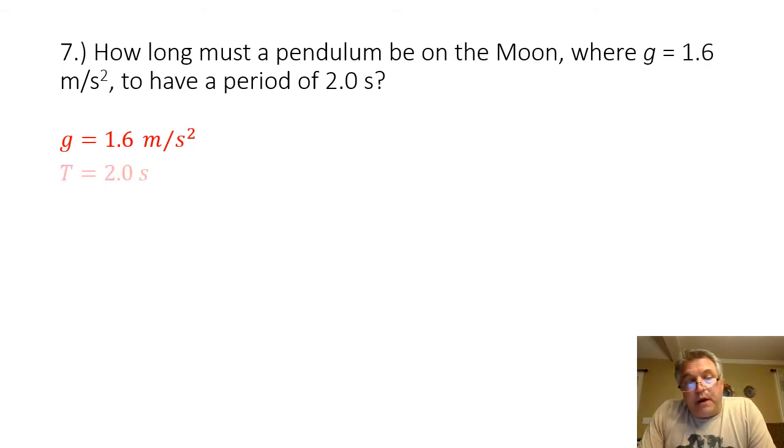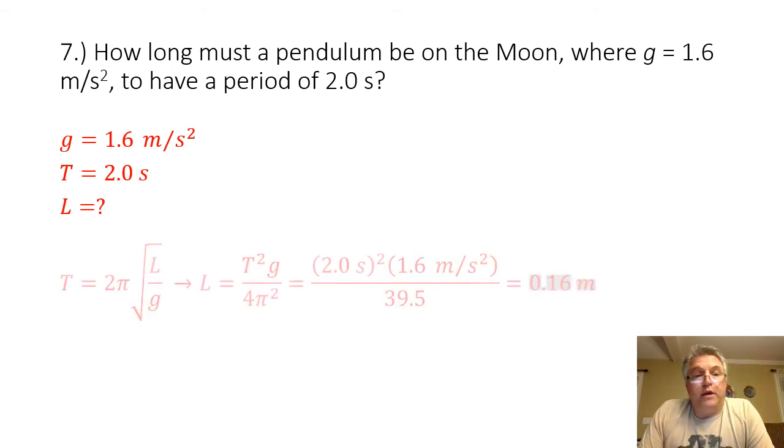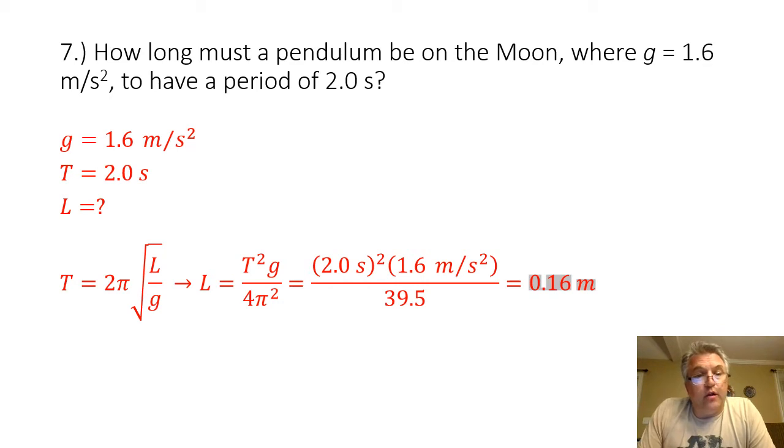The period of my pendulum is 2 seconds, and we want to know the length, so we have to solve for L. Once again, we are going to start with our pendulum formula, T equals 2 pi times the square root of L over g. In this case, we are solving for the length, so we have to rearrange our formula. It's kind of tricky to solve for L in these problems because it's inside the radical, and we'll talk about that in just a moment.